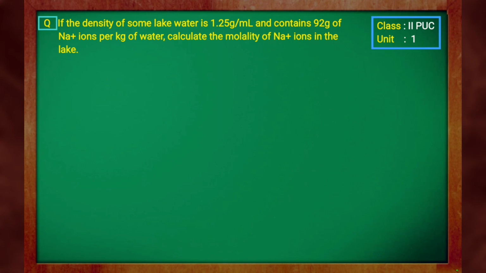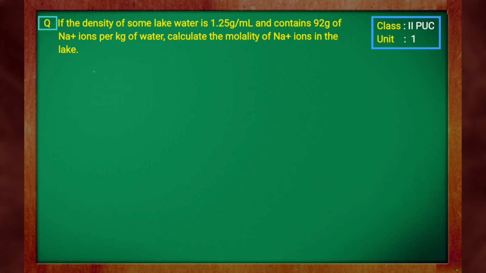Example 3. If the density of some lake water is 1.25 gram per ml and contains 92 gram of Na plus ions per kg of water, calculate the molality of Na plus ions in the lake.